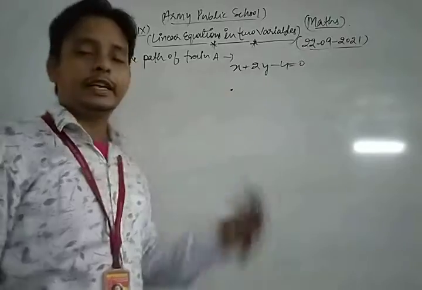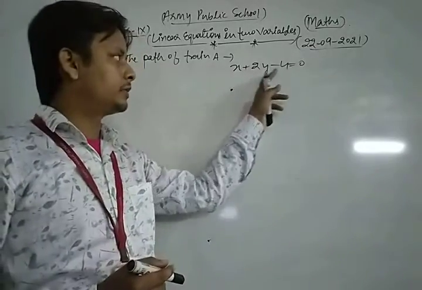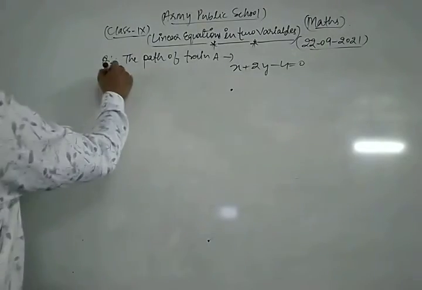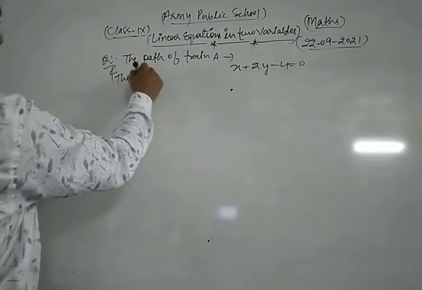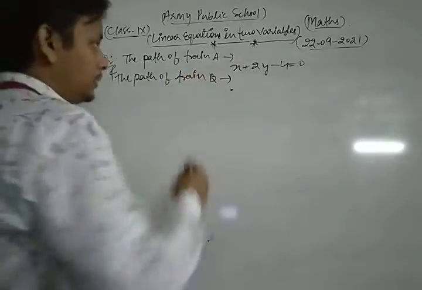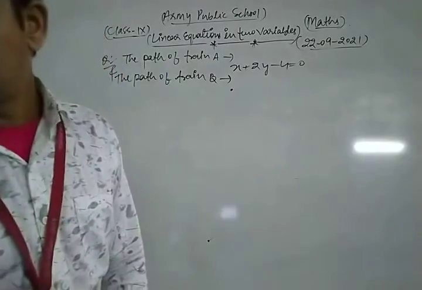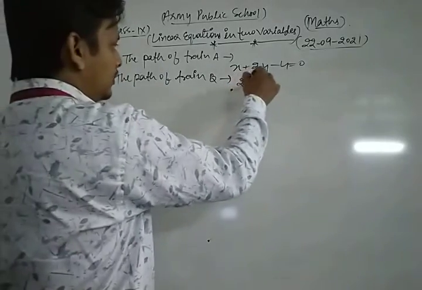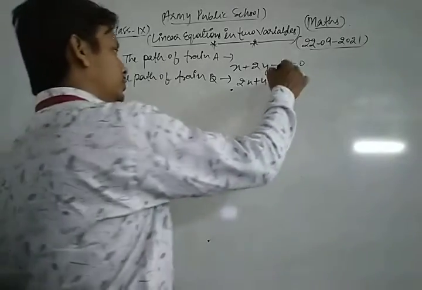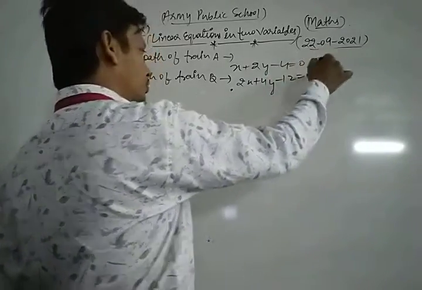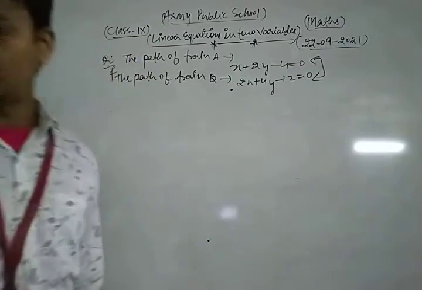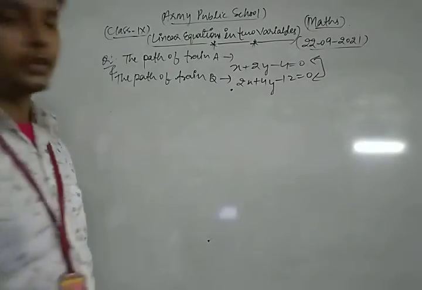Means the path of train A is represented by the equation x plus 2y minus 4 is equal to 0, and the path of train B is also represented by the equation 2x plus 4y minus 12 is equal to 0. So these are two equations which represent the path of train A and the path of train B. Now what I do? Represent this situation graphically.